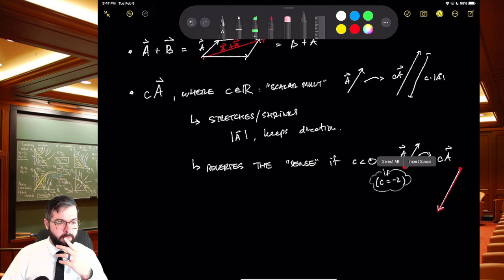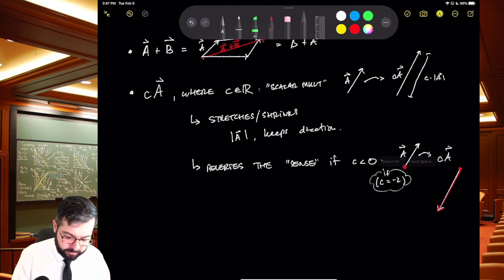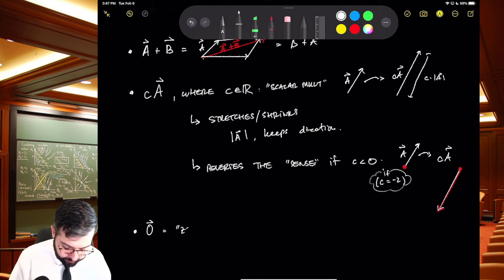So we know how to scale these things. We know how to add these things. Some other stuff we should know. There is something called the zero vector, where it has this property.